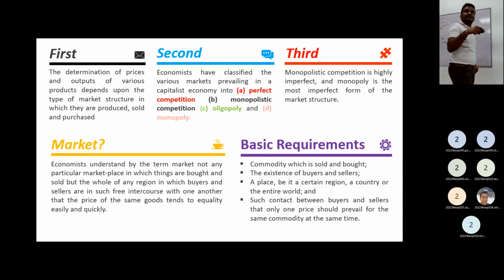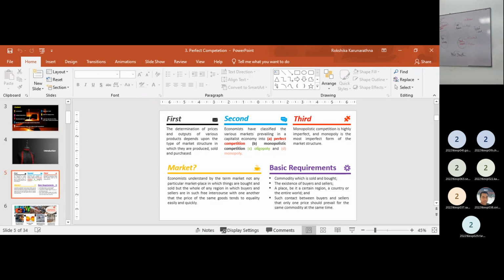Yes, online students, is the final thing prevailed in your countries, right? Same price for the same product. Is there? Yes. Same price for the same product. Can you see such things in your countries? Yes, Karunaratna, what do you think?